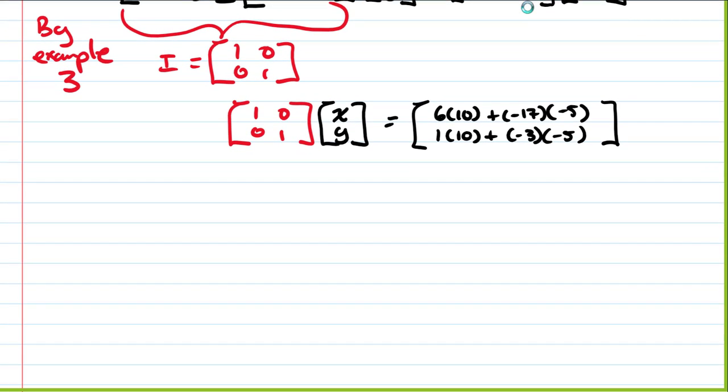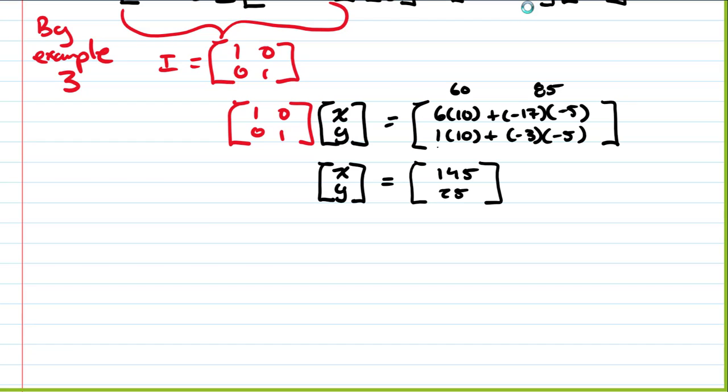But the identity matrix times anything gives us xy. And this gives us 60 plus 17 times 5 is 85. So that gives us 145. And 1 times 10 plus 3 times 5 is 15 gives us 25.